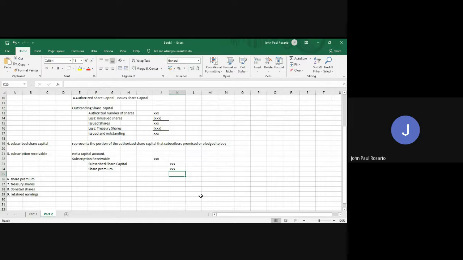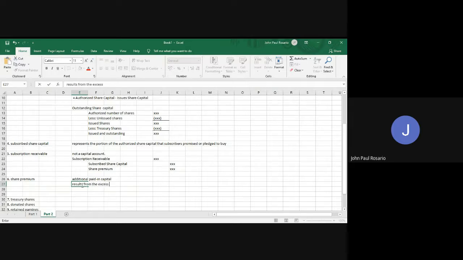Okay, so speaking of share premium, share premium, or sometimes referred to as additional paid in capital, results from the excess payments made by the shareholders.